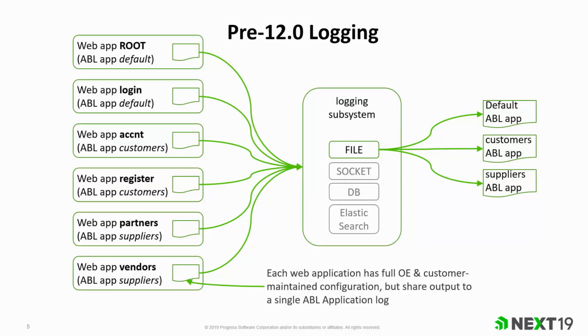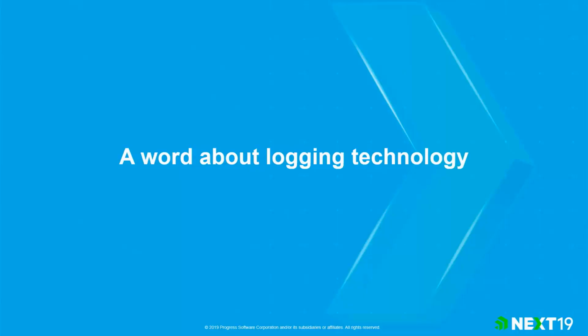Pre 12.0, each one of those web applications had a full set of logging configuration. If you changed that configuration and didn't change all of them consistently, really strange things would happen. We definitely wanted to address that.